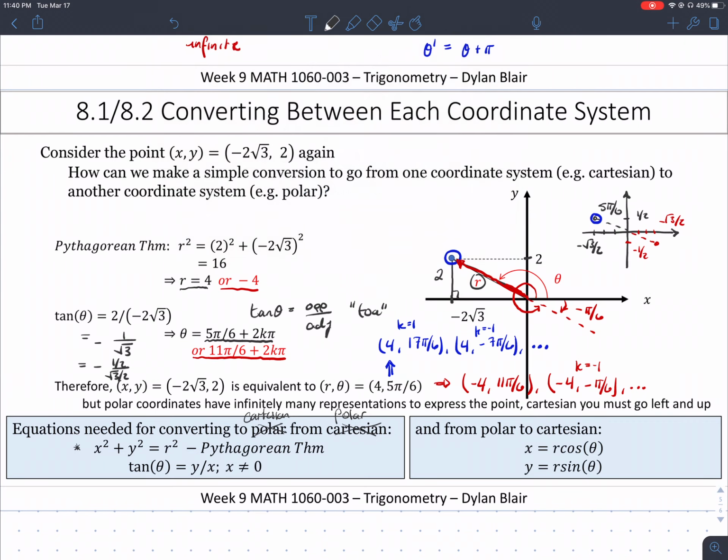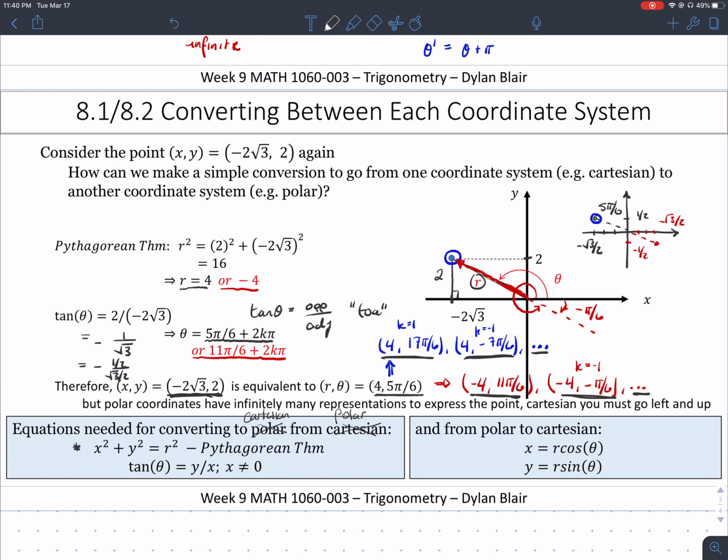And so what this means is that this Cartesian coordinate is equivalent to this polar coordinate, or this one, or this one, and infinitely many options. But Cartesian-wise, this is our only option. Now, there is a typo in the notes. We can basically summarize everything.